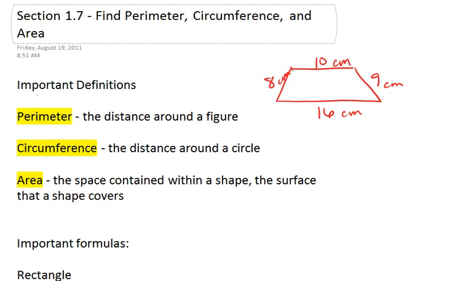We could imagine fitting a grid to this quadrilateral up here, and counting how many squares fit into this grid. However many squares fit into this grid would be the area. We always measure area in squared units.